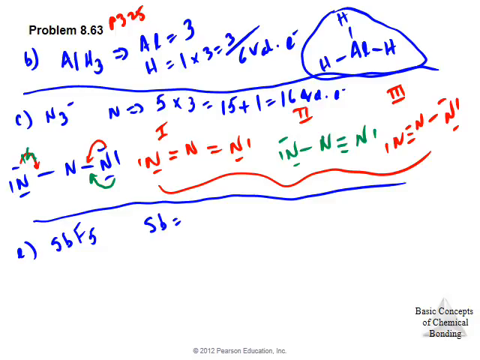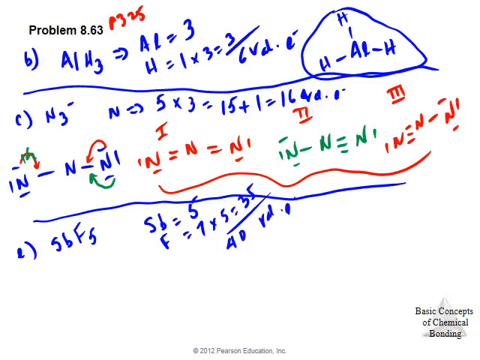So they all have s2p3 outermost electron configuration. So antimony would have 5, each fluorine would have 7, and we have 5 of them, that's 35, and altogether we have 40 valence electrons.